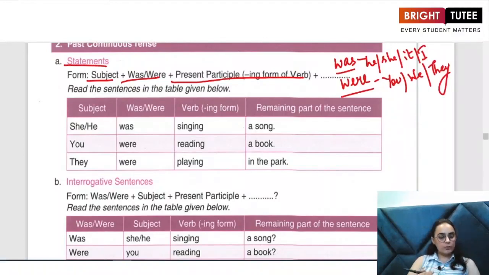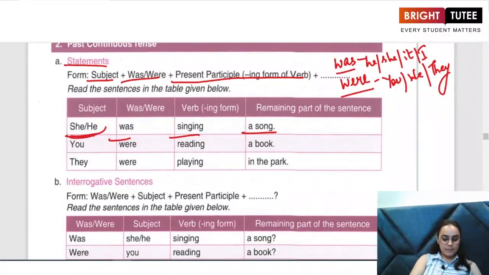So this is how we use the singular helping verb, that is was, and the plural helping verb were. Now, look at the examples. She or he was singing a song.